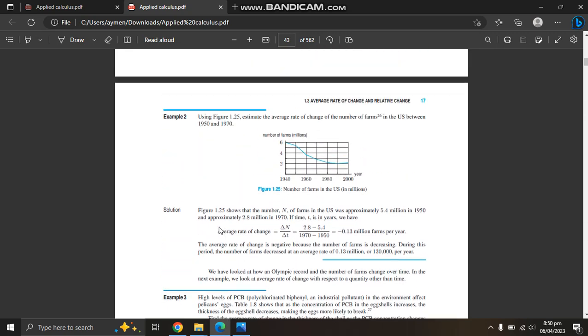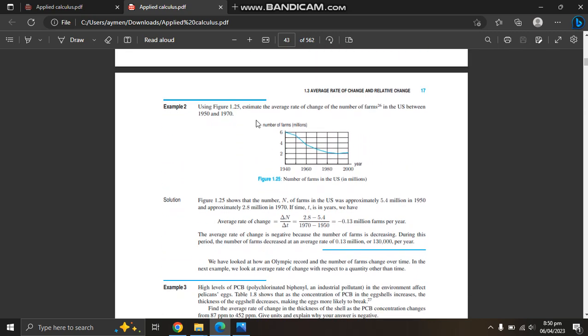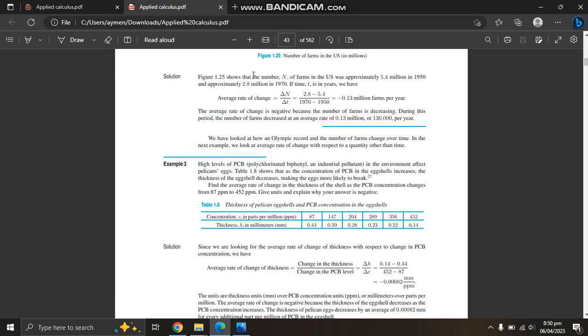The second example: estimate the average rate of change of the number of farms in the US between 1950 and 1970. This figure shows that the number of farms, n, in the US was approximately 5.4 million in 1950 and approximately 2.8 million in 1970.